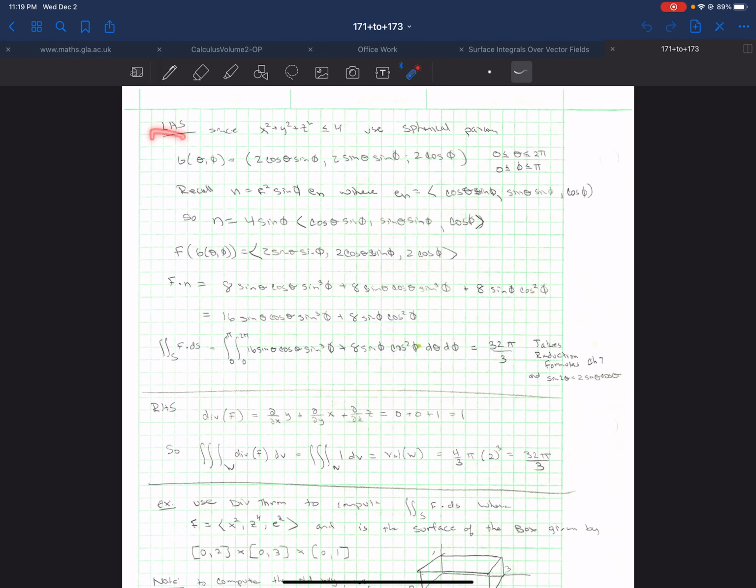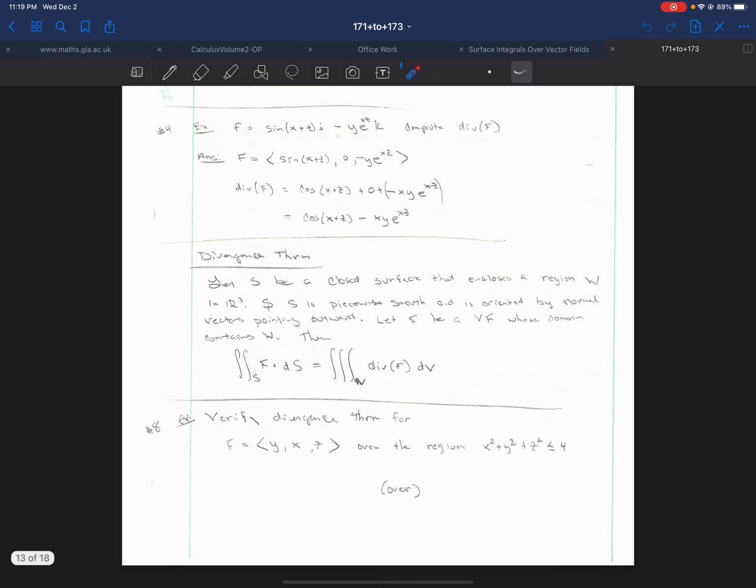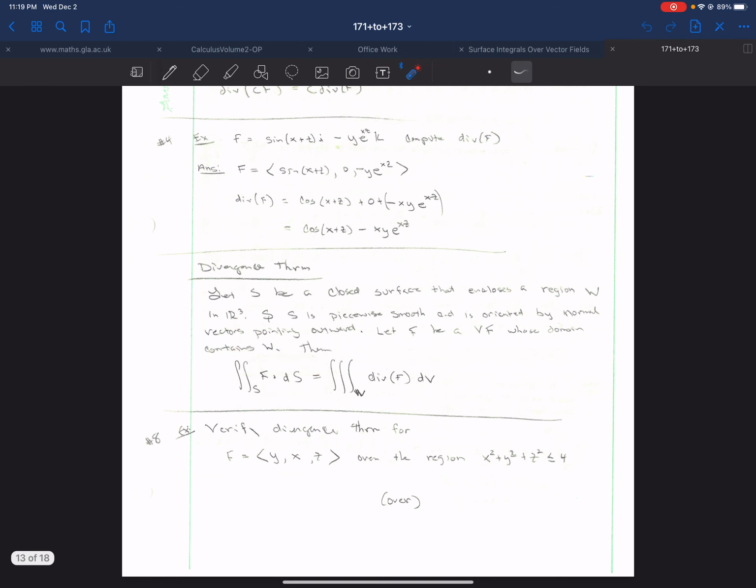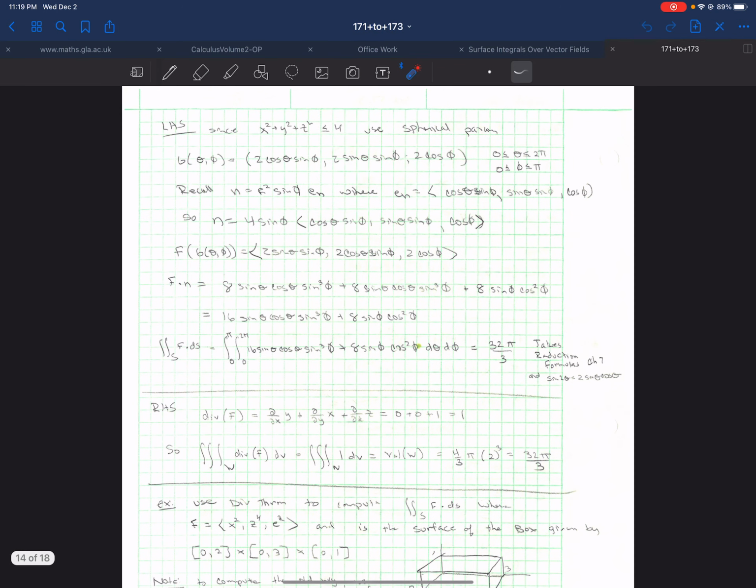The left-hand side: I'm going to do the surface integral the way that we would normally do a surface integral. Since we have a sphere, I'm going to use a spherical parameterization, with the standard bounds for theta and phi. I know the normal vector. I derived that normal vector for you in another set of notes.